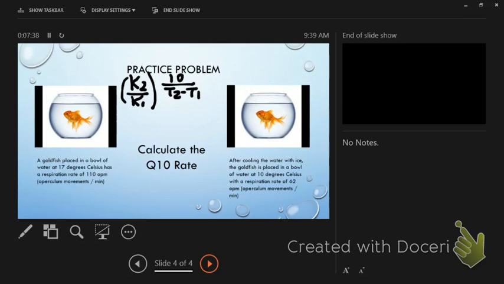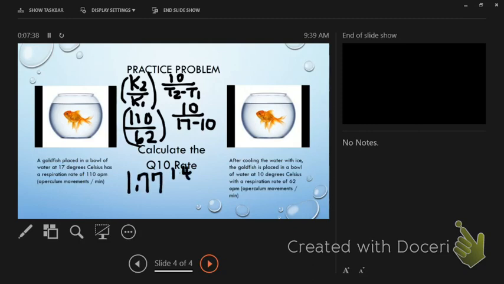Okay, so if we take our 110 divided by 62, that gives us 1.77. Your exponent will be 1.43.